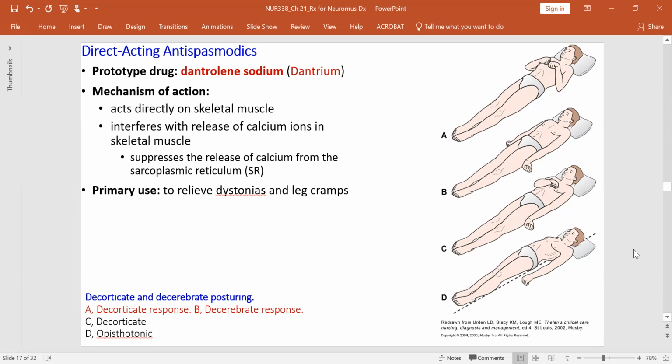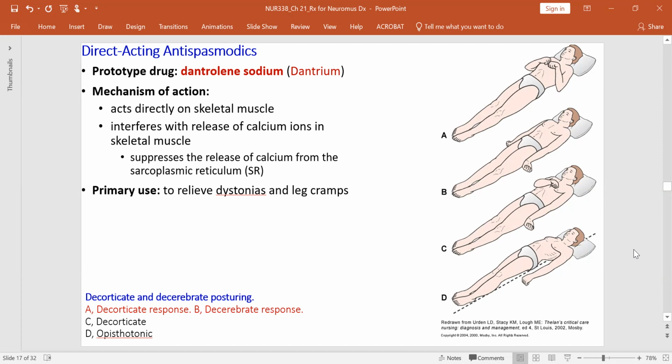The calcium release from the SR, sarcoplasmic reticulum, is necessary for skeletal muscle contraction. So if the release of this calcium is blocked, then the muscle tension will be reduced. In other words, this is the exact mechanism of action of dantrolene, how it leads to skeletal muscle relaxation.